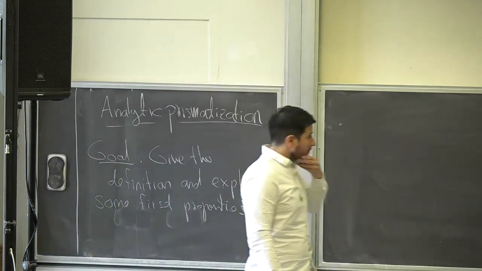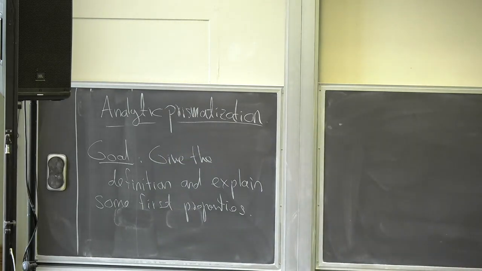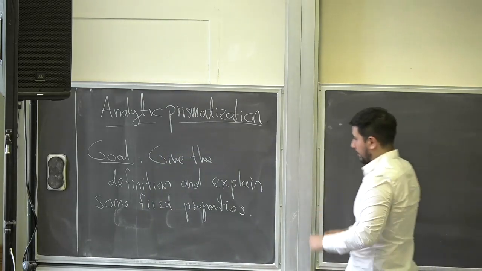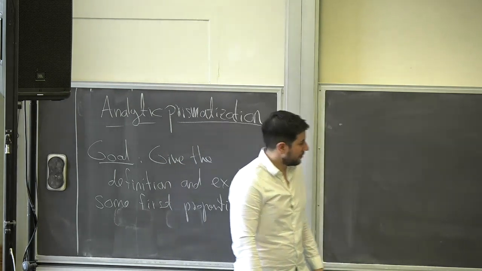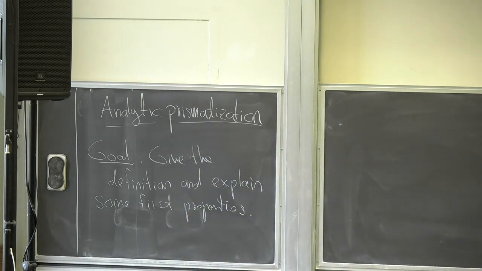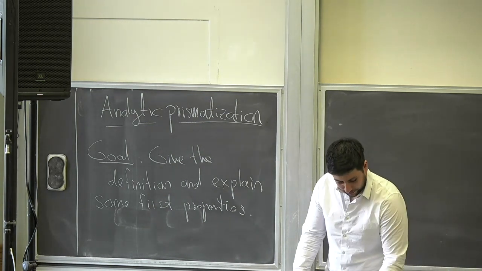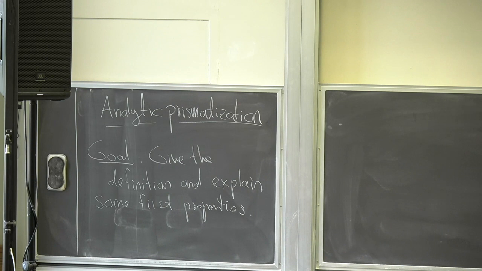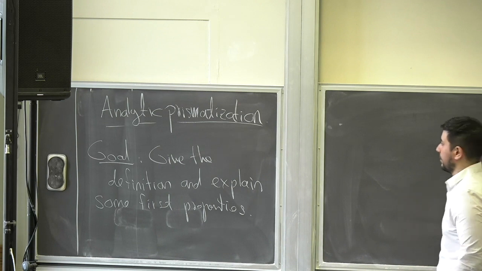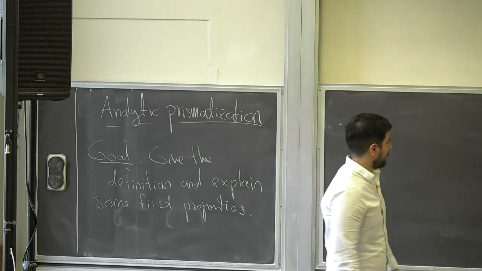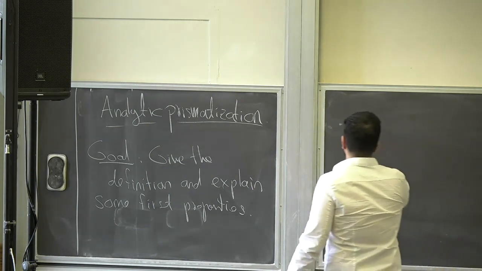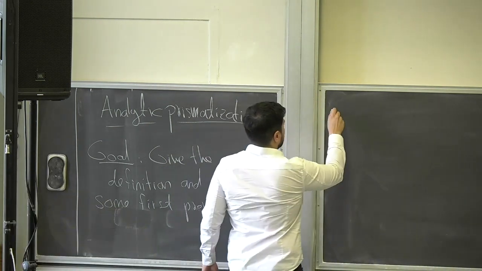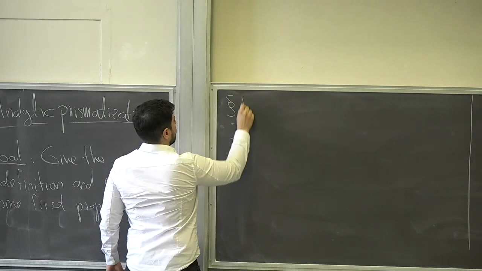So in order to give the definition of the analytic prismatization, we first have to introduce a little bit of language that is going to be necessary because of the world we are defining these objects in, the world of stacks. So let me start by introducing a very important object. This object is going to be this notion of bounded ring.